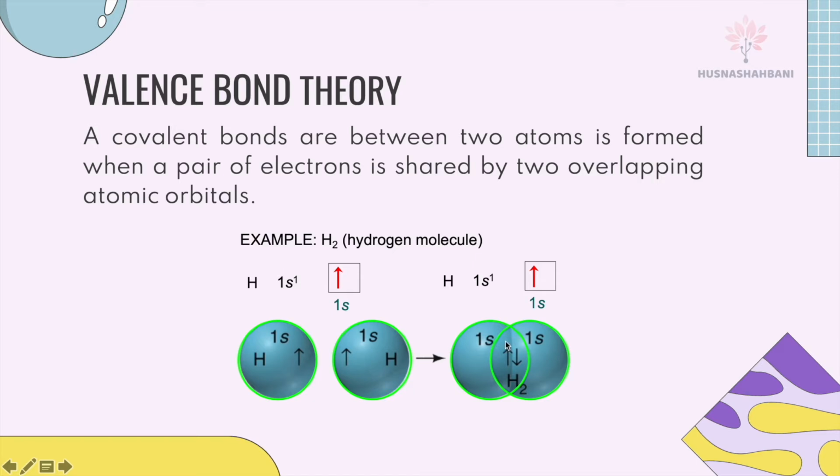This is the region of atomic orbital overlap. This orbital overlaps with another orbital, and this is the region of the overlapping atomic orbitals.